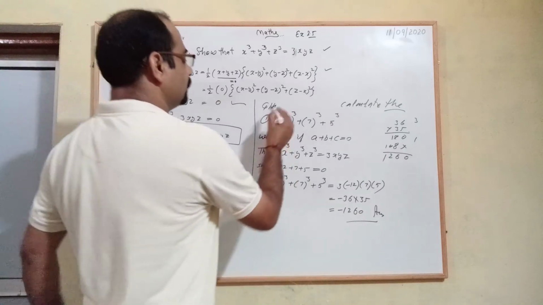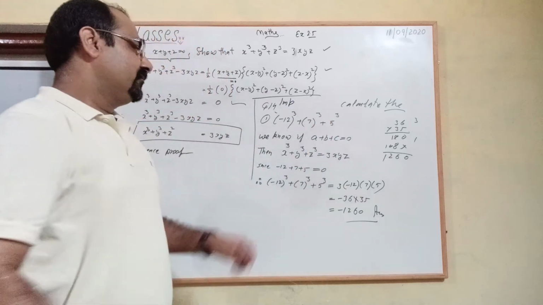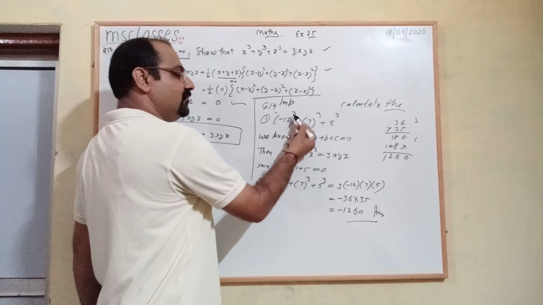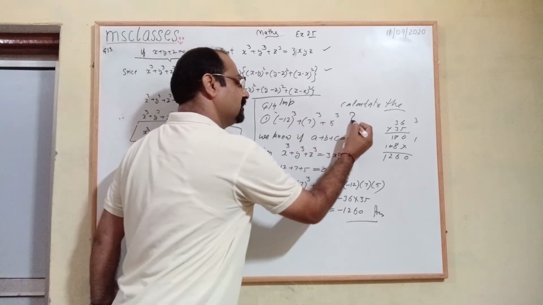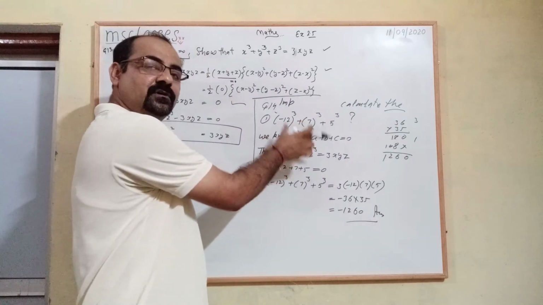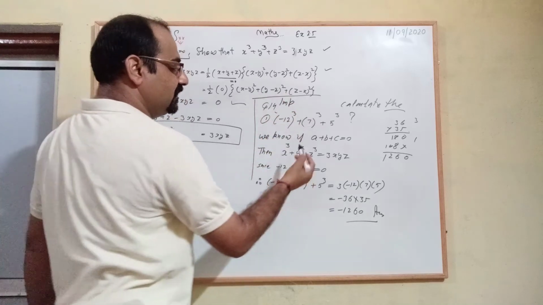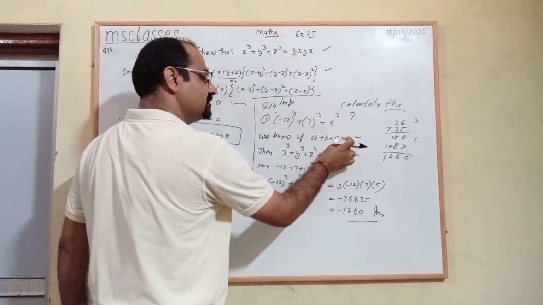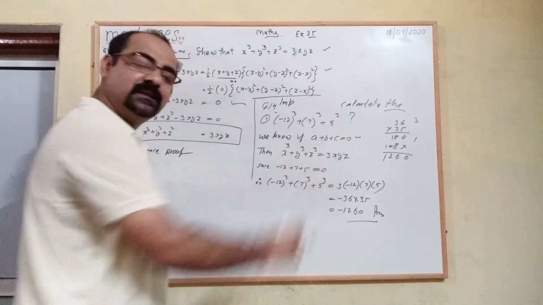This is a very important question from the examination point of view. If you have minus 12 cube plus 7 cube plus 5 cube, and you have to calculate the addition of these cubes without actual cubing, then you will apply the identity: if a plus b plus c is equal to 0, then x cube plus y cube plus z cube is equal to 3xyz.